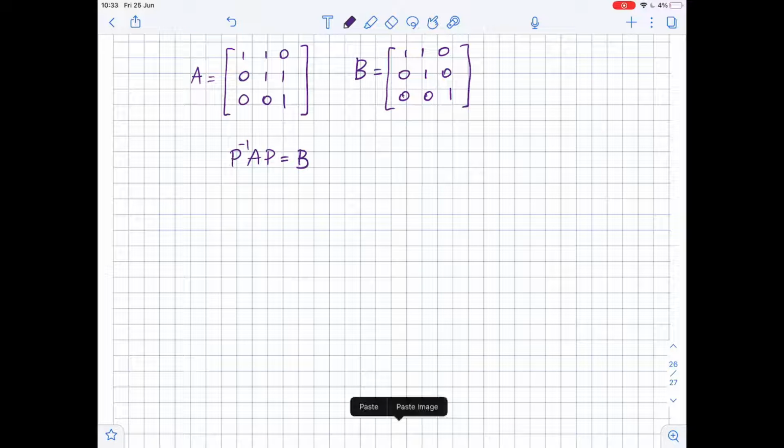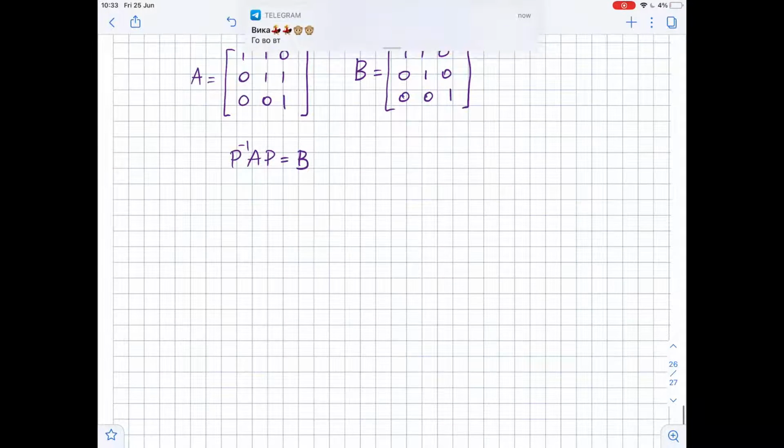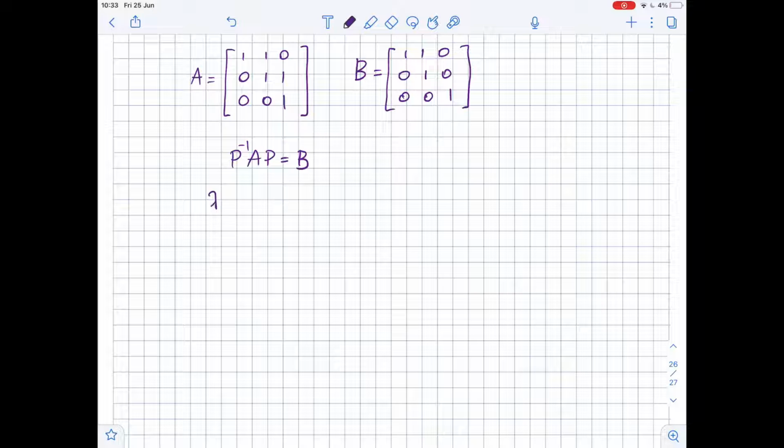So eigenvalues of A and B are lambda 1 equals 1, lambda 2 equals 1, and lambda 3 equals 1.